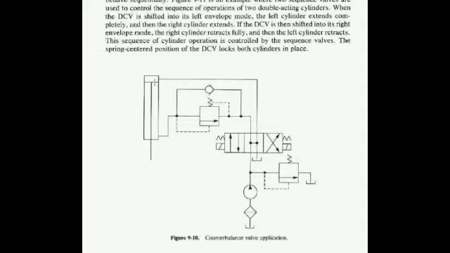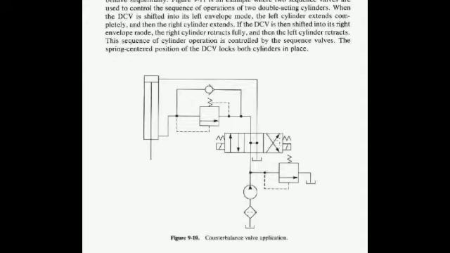Similarly, from the blind end side of the cylinder, fluid will flow in this manner from the B port and reach the tank port. So what will happen if I actuate this position?